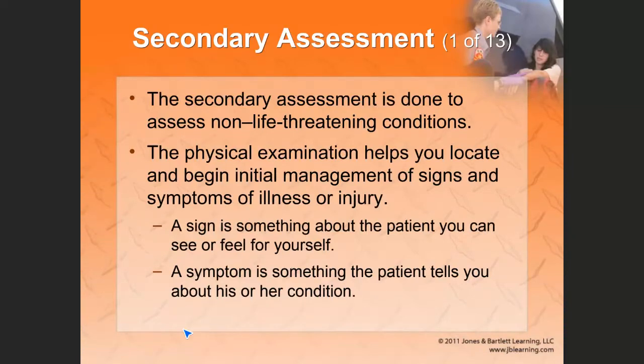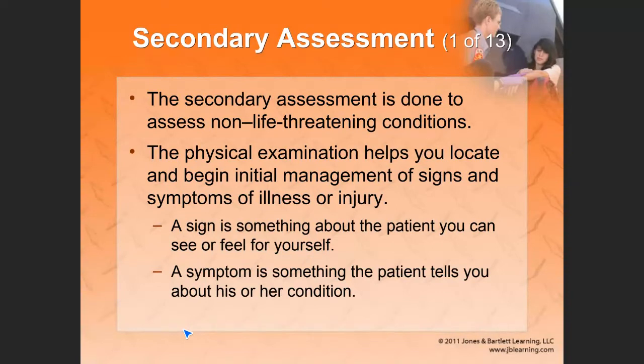Now, after your history taking phase, the next phase of your patient assessment algorithm is the secondary assessment. Now, the secondary assessment is done to assess non-life-threatening conditions. That's the purpose of secondary assessment for EMRs. It's a little bit different for EMTs, but for EMRs, it's for a stable patient.